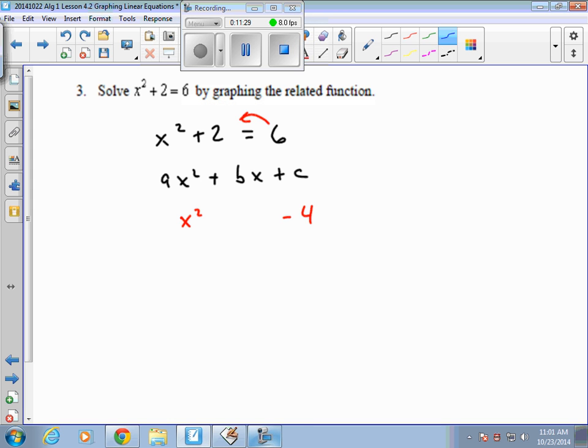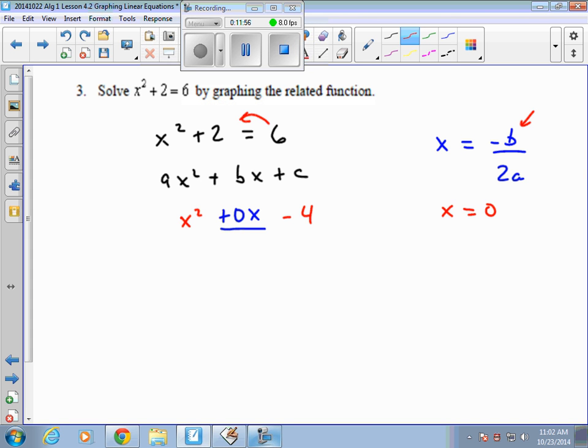What do we have for b? How many x values do we have? There's no x values listed. So it would be like 0x. Now, there's no need to write that other than the fact that when we look for x, we use negative b over 2a. When we plug in 0 in place of b, and you divide anything by 0, your x value is going to be 0.